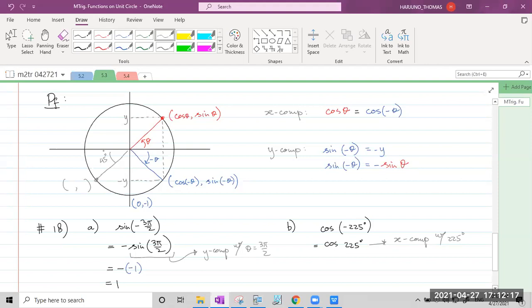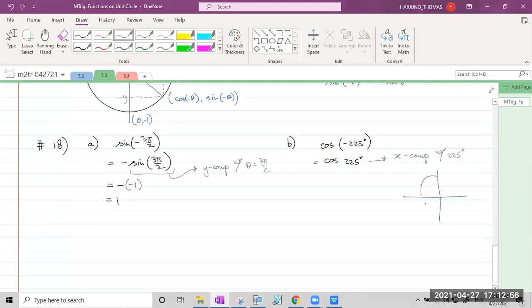In 5.4, you will see what we call the reference angle. Maybe it's easier for us to see that this coordinate here is the opposite of that coordinate. Instead of doing it there, let me just do a new picture.